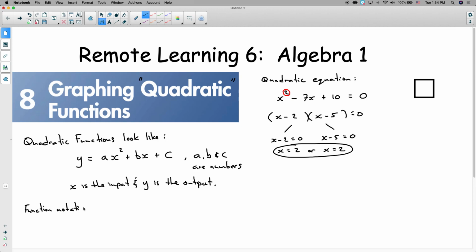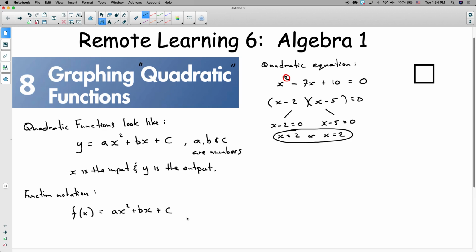And it is back. So function notation names the function, reminds you what the input variable is, and then expresses what the function does over here. Okay, so here everything is the same.